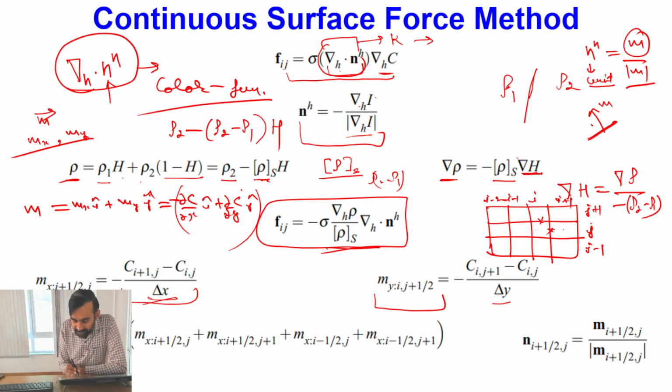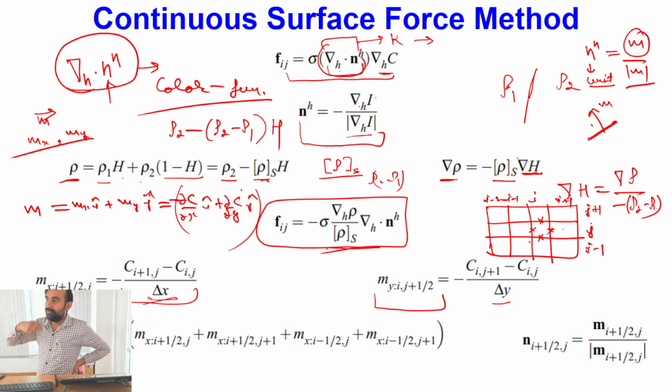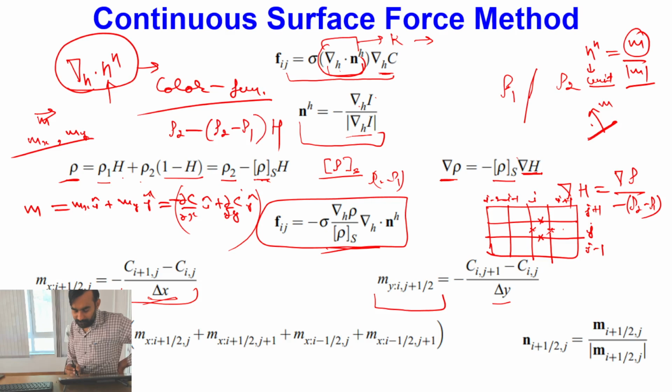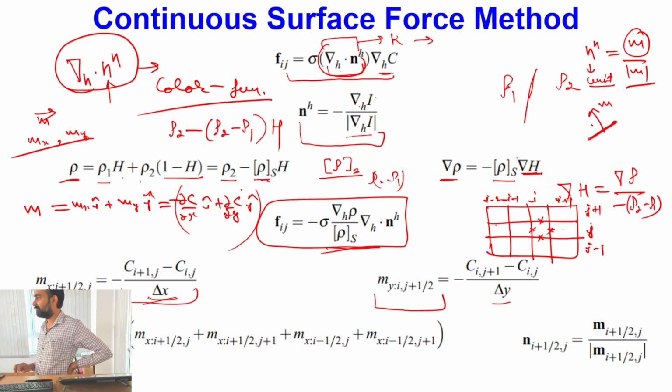So I have calculated at these 2 points. Then what is left? I have 2 more points. One will be in the left face of this cell and the other will be in the bottom face of this cell. So for the cell ij where I need to calculate, I have calculated the value of the gradient of the color function at all its edges.